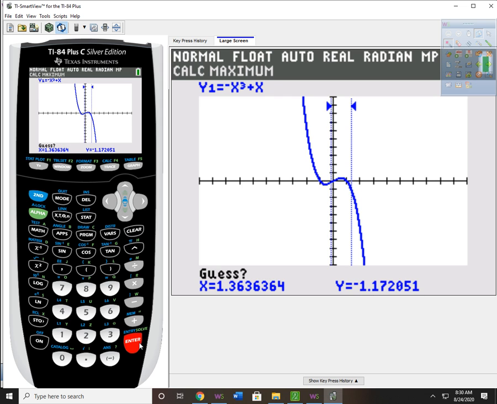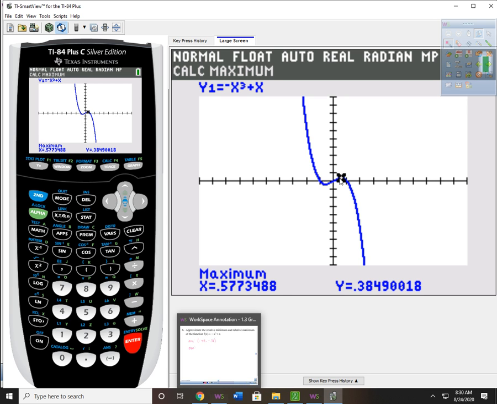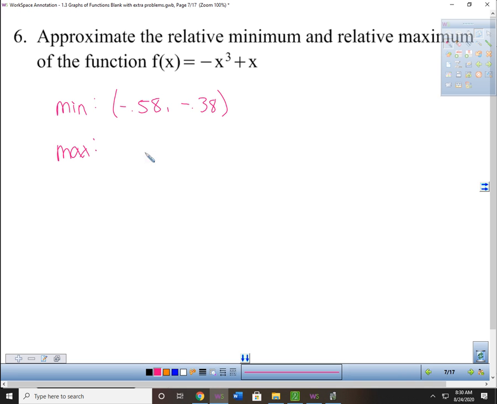Press enter, and then have it guess, so press enter. And notice it pops up on the top there. So your maximum is 0.58 and 0.38. So it's like equally distant from the bottom to the top, right? So 0.58, comma 0.38.